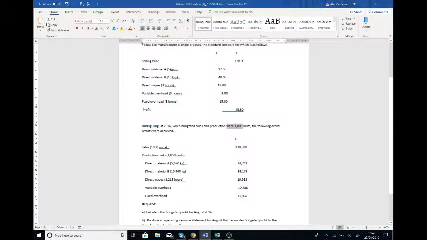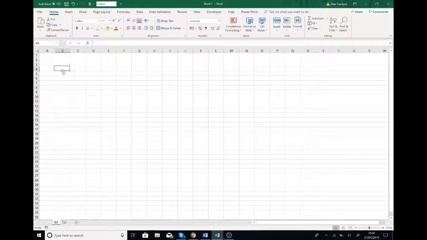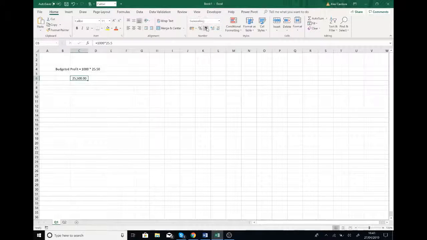When budgeted sales and production were 1,000 units, your budgeted profit must be 25.5 times 1,000. Which equals 1,000 times 25.5.